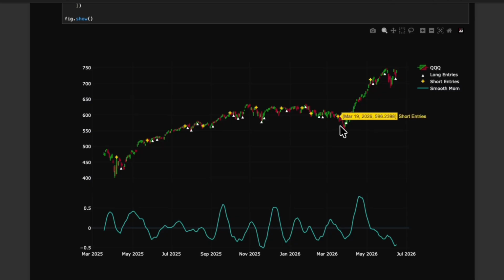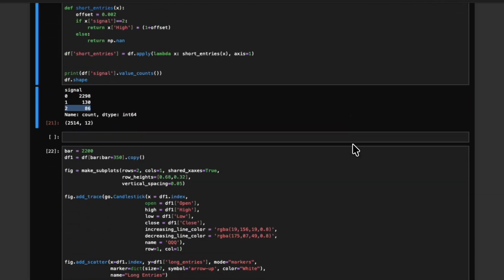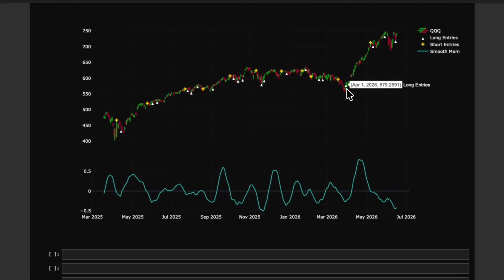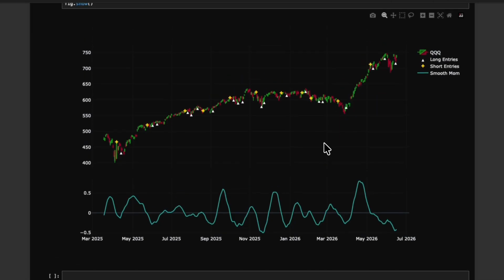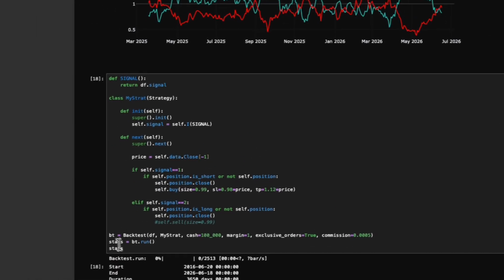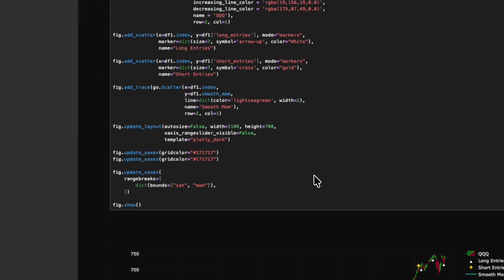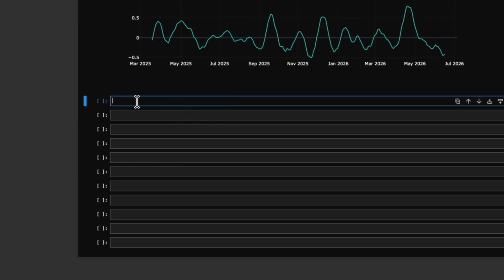If you remember, if we go up and have a look at this chart, this buy signal came here on April the 9th, whereas this buy signal here is coming April the 1st, more than a week before. The old one, the cross, gave you that signal to buy. So all right, let's put this strategy to the test. To do that, I'm going to grab this whole backtesting function and pop that in there.